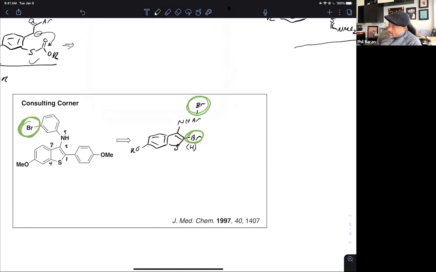And furthermore, as is clear from this problem, it's probably going to be something where we want to install that amine at a very late stage. So you're left with this as your only possible logical starting material, wherein somehow we have to get a Ullmann reaction or something to work there.